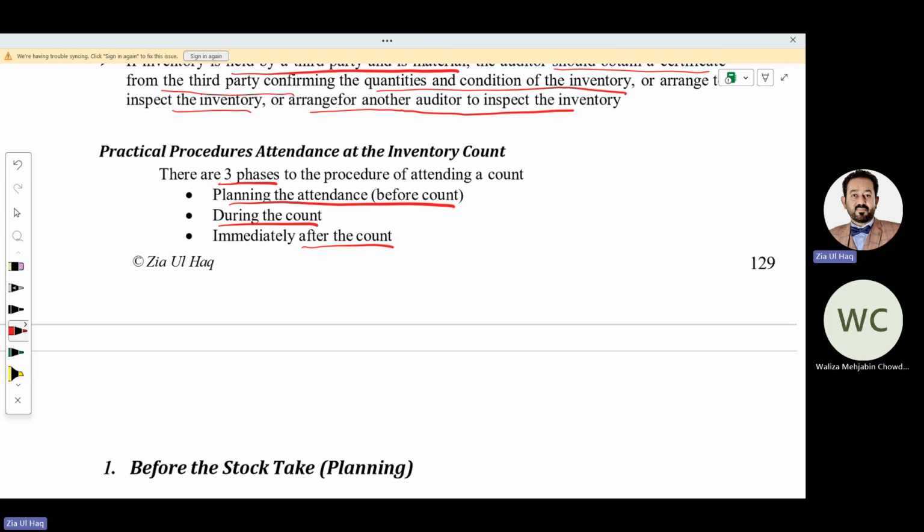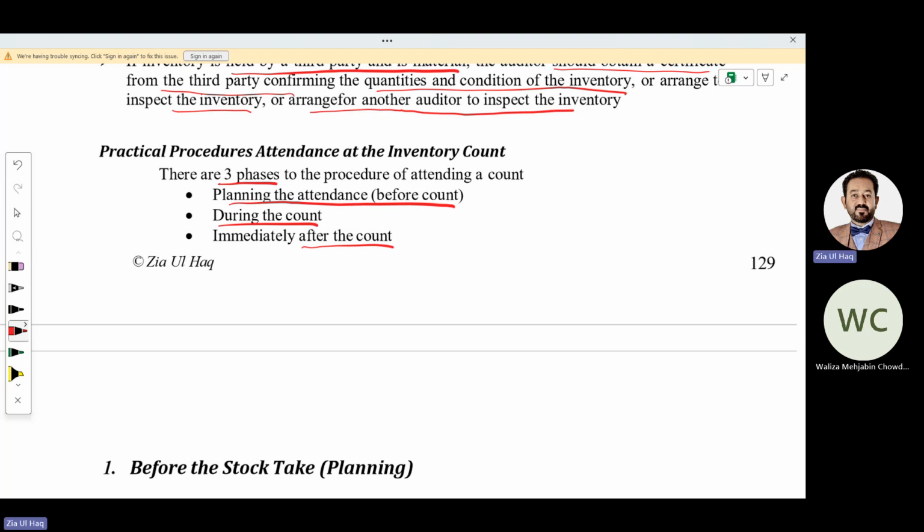What are the procedures before count? What are the procedures during the count? What are the procedures after count that we need to learn?